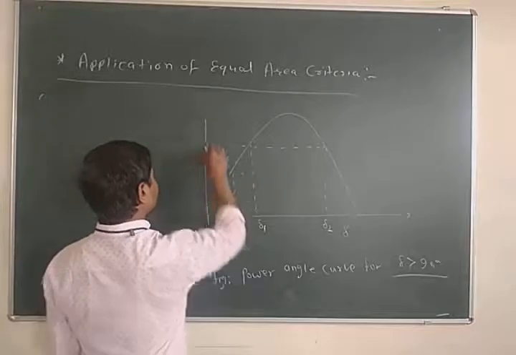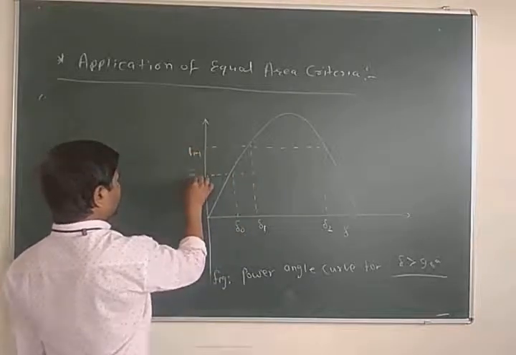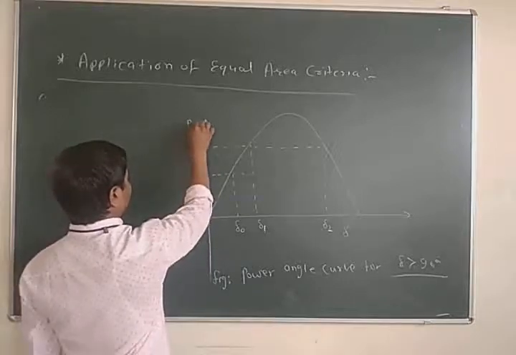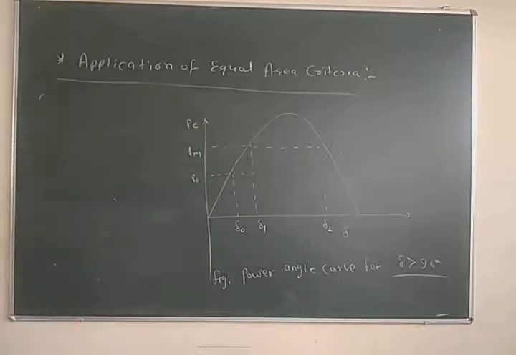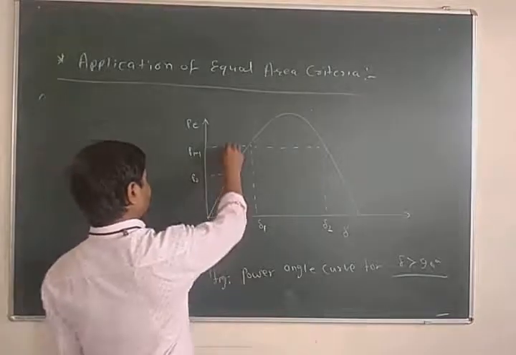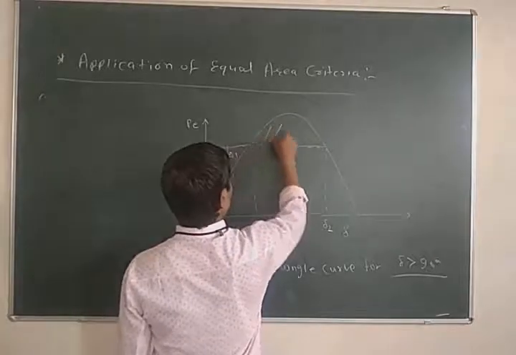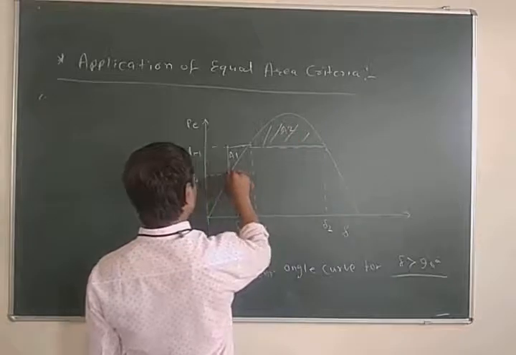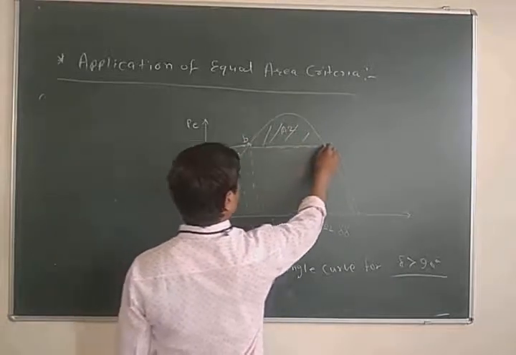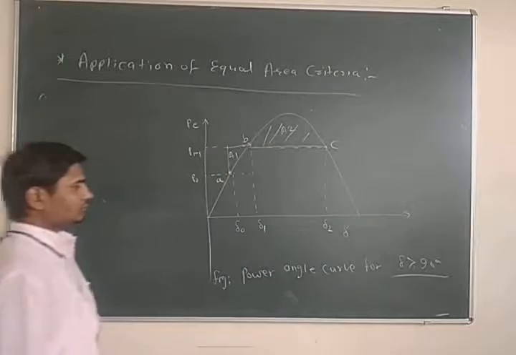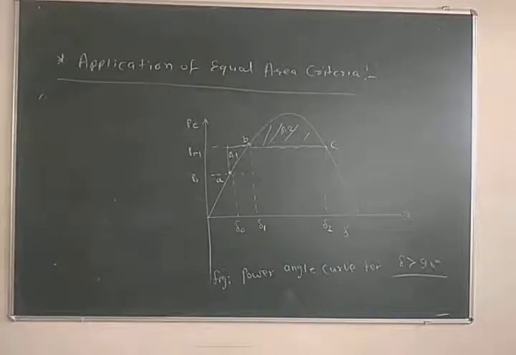So here we can represent P m, P 0, P e. This is the power angle curve when delta is greater than del 0. Point A, B, C, area A1, area A2. This is the power angle curve for delta greater than 90 degrees.